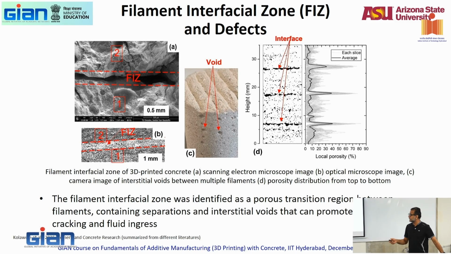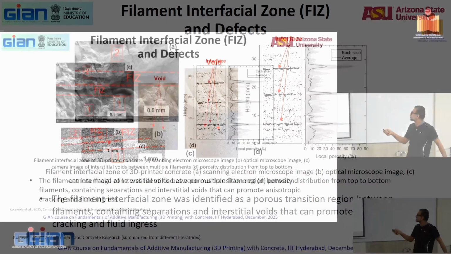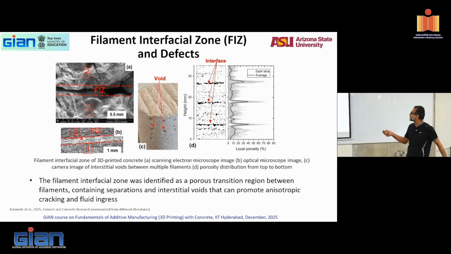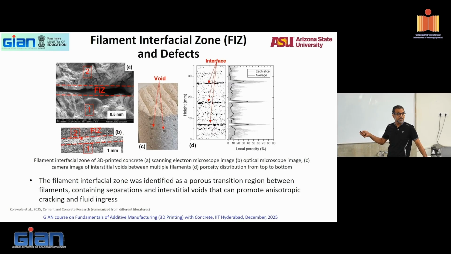So here is something called the filament interfacial zone. So these are the interfaces that you can see here. And if you do porosity as a function of depth, you see here, not much porosity, but suddenly an increase in porosity. Sometimes this is not visible to the naked eye, right?